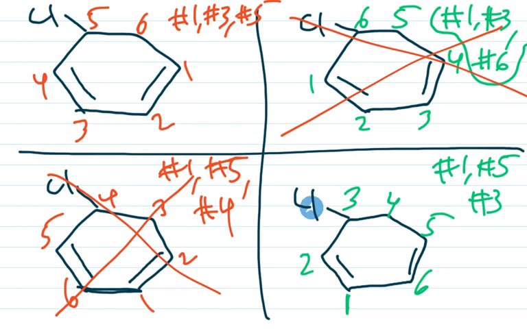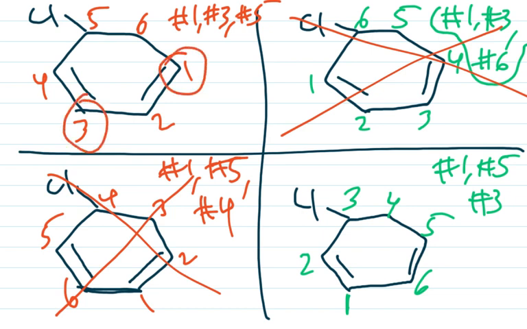So now, who wins between these two? Because if we look at these two, this is 1, 3, and 5, is what we found out, and this is also 1, 3, and 5. But if we pay close attention, let's just focus on the double bonds for now. At what carbon numbers are the double bonds at for this molecule? For the double bonds, it would be carbon number 1 and carbon number 3.